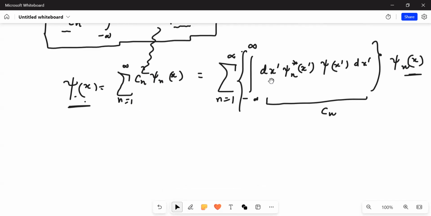And what is Cn? Cn is simply the integral of psi n star (x dash), taking the conjugate of psi n, times psi(x dash) dx dash. Oh, I have written an extra dx dash here.